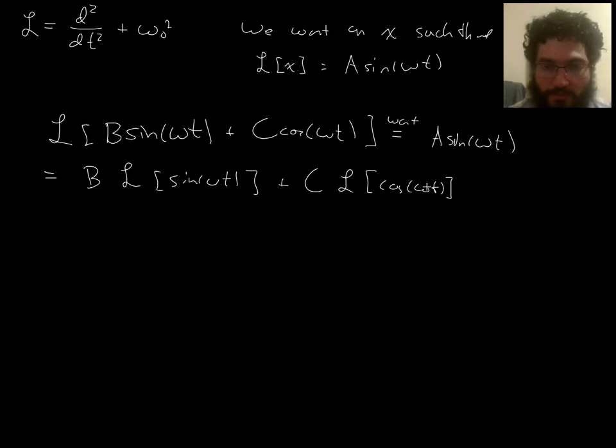So some people were asking why I look at L sine omega t, L cosine omega t individually versus just computing this all at once. I'm just basically breaking apart the calculation into little bits so I can see which parts I need. It just feels better for me to do it this way. So let me take L sine omega t and calculate that.